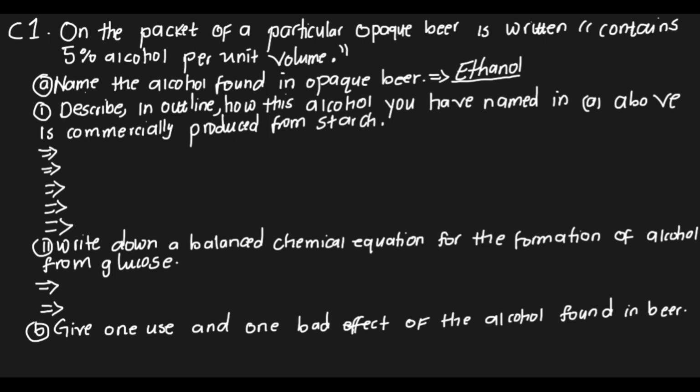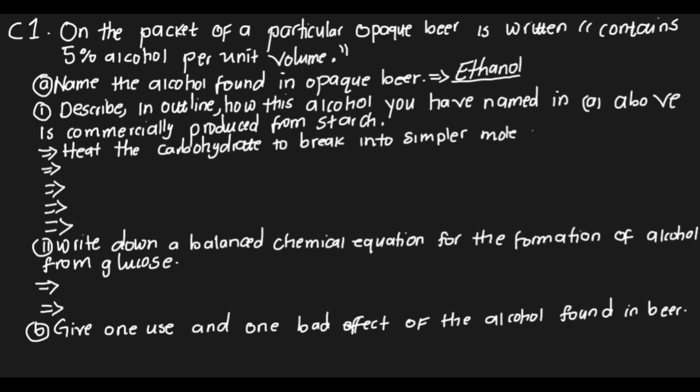So we'll say step number 1, heat the carbohydrate to break it into simpler molecules. That is the importance of heating the carbohydrate in hot water. We are just trying to break the complex carbohydrate into simpler molecules.